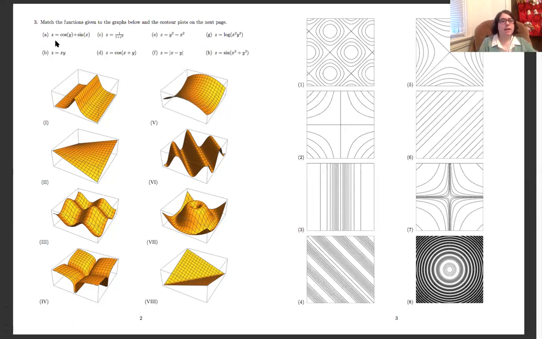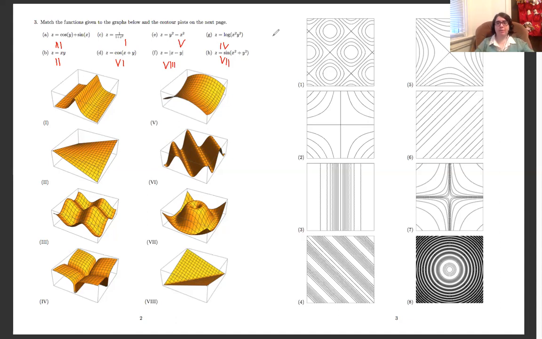I said that A should be 3, that B should be 2, C should be 1, D should be 6, E should be 5, F should be 8, G should be 4, and H should be 7.